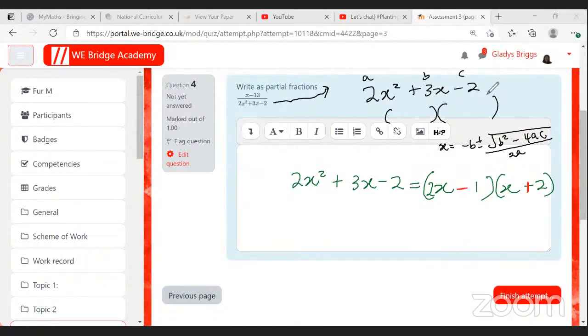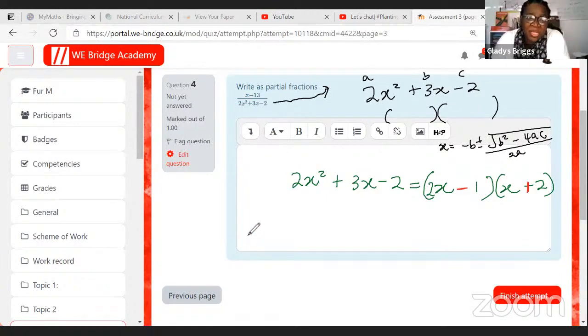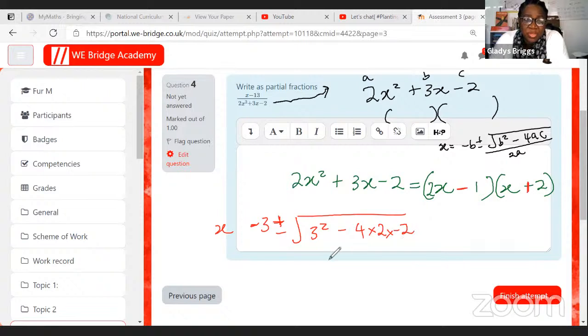So if you were using the formula to do this, how would you do this? Let's have a look. x is equal to minus 3 plus or minus the square root of what? 3 squared minus 4 times what? 2 times negative 2, over 2 times 2.